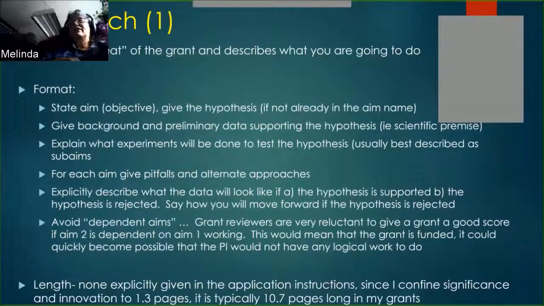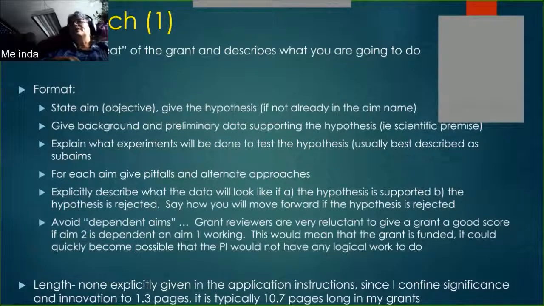Aim 1 might be to develop an intervention. Aim 2 might be to test certain parameters of how that intervention was working, and aim 3 might be the economics of it. If aim 1 fails, though, if the intervention doesn't work in the first place, aim 2 and 3 are then completely useless and shouldn't be done.